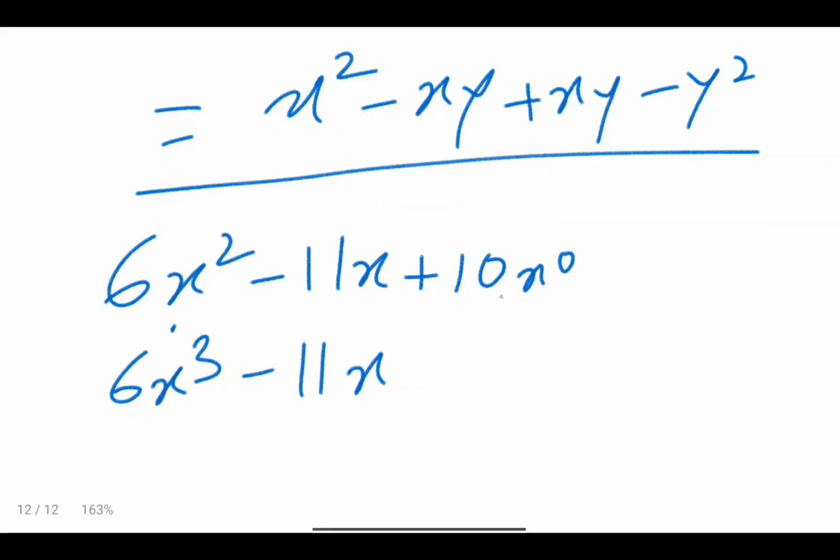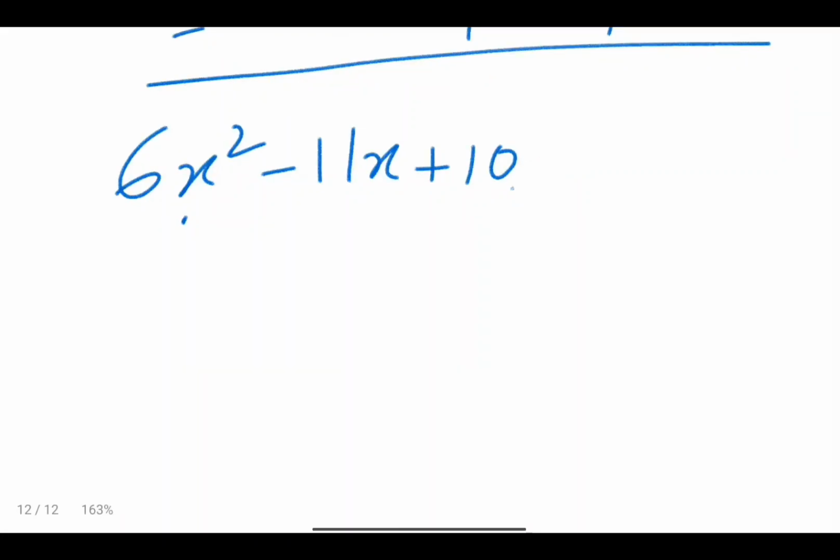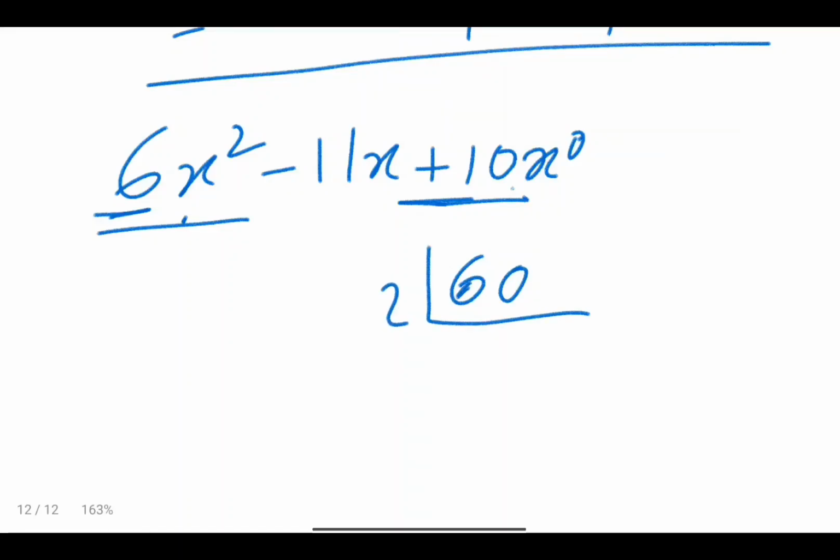We will see that in detail later, but here in this example we will take the term whose power of x is 0 and the term whose power of x is 2, and we will multiply their coefficients. So multiplying this and this gives us 60. Now we will do LCM. I believe this is called LCM.